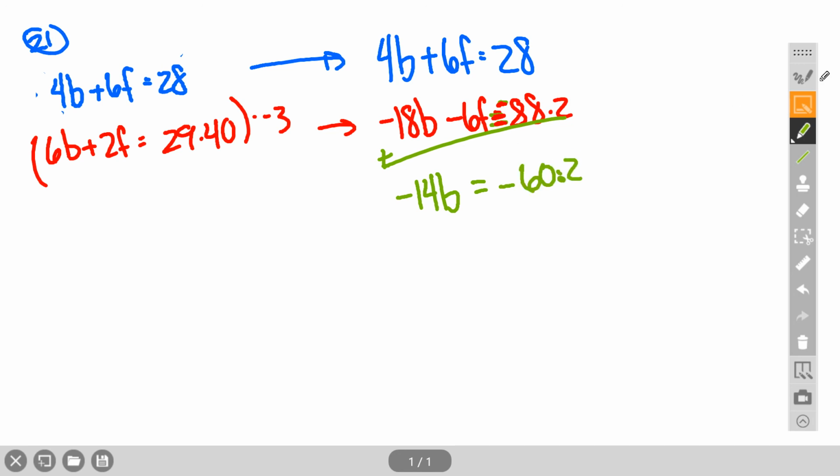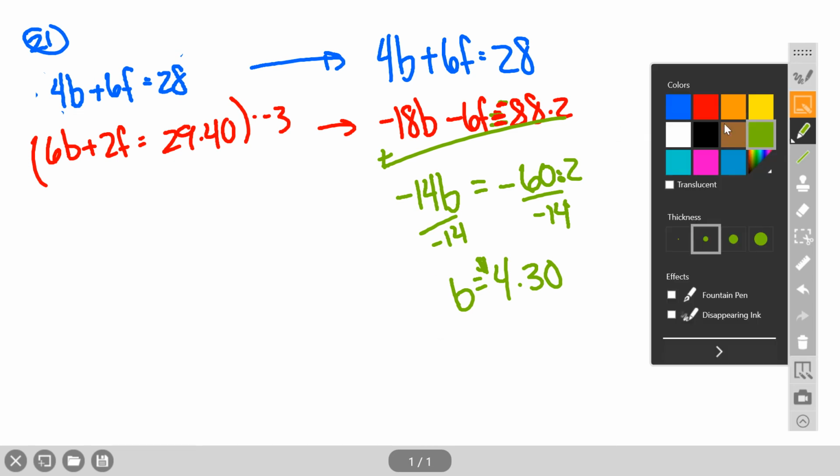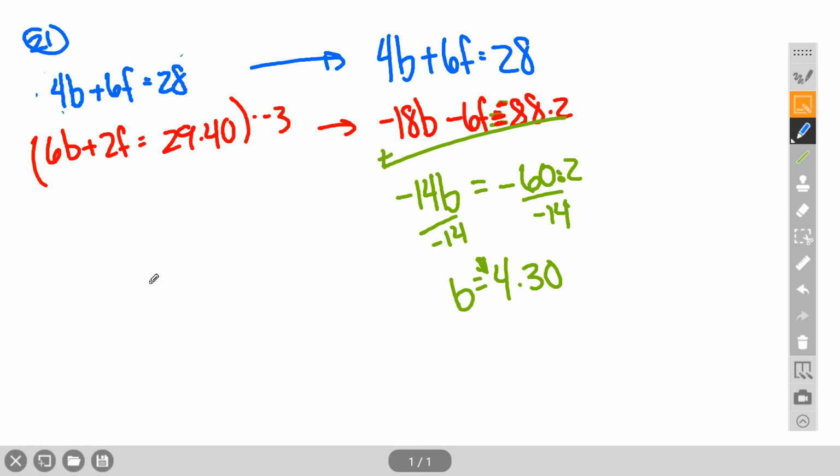Now, we're definitely not going to get whole numbers on this one because we're talking about cost. So we'll divide by -14. So 60.2 divided by 14, we got 4.3 or $4.30. So the cost of each burger is $4.30. Let's go ahead and put this back into one of the equations. The first one actually. 4 times 4.3 plus 6f equals 28.